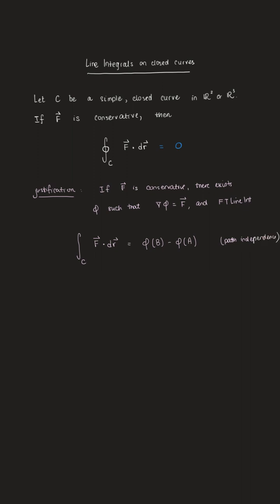Well, all we have to do here is say, if we're going on a closed curve, then B and A are the same. And if A and B are the same, then the difference of the potential evaluated at the same place has to be 0. So on a closed curve, the work done in moving a particle around the curve by the vector field will be 0. So that is our last idea in this section.